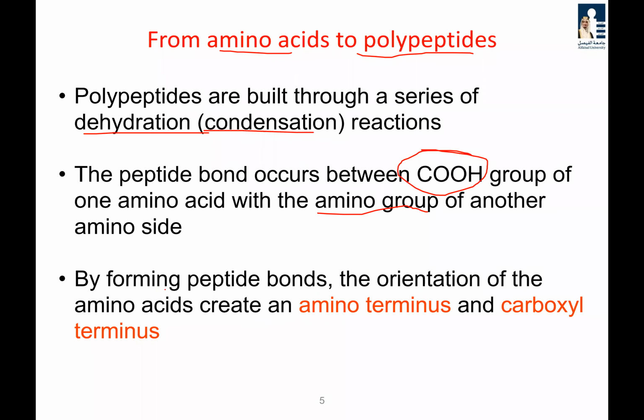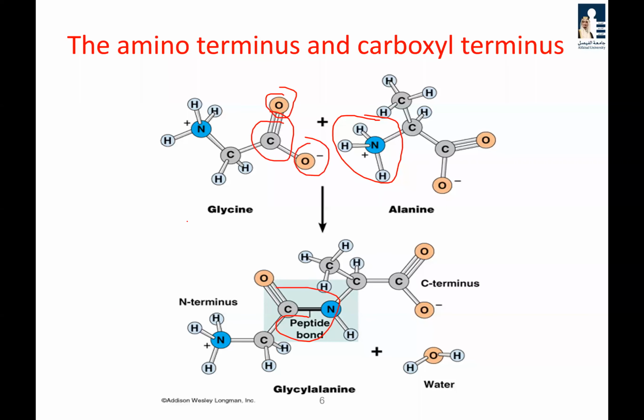And the last thing is that we have a special orientation when it comes to amino acids. When there is a polypeptide chain, there's something known as the N-Terminus and something known as the C-Terminus.